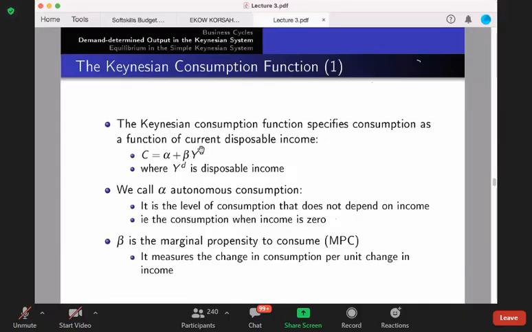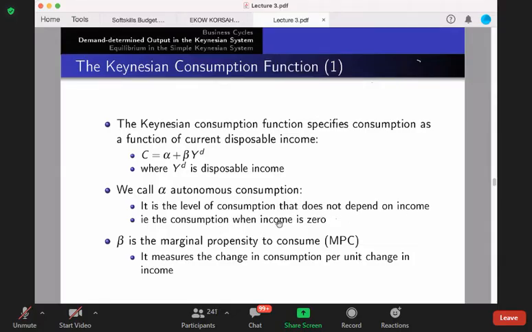What this equation is saying is that your level of consumption depends on your disposable income. If your disposable income is 0, then there's something called alpha. In Igbo, you call it Okafor-Didi. The person does not have money, yet he spends. So that's called autonomous consumption. It is a level of consumption that does not depend on income.